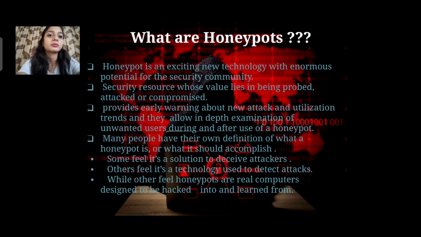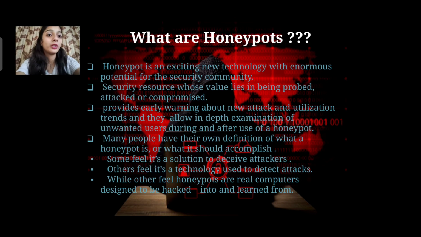A honeypot is a security resource whose value lies in being probed, attacked, or compromised. They provide early warning about new attack and utilization trends, and they allow in-depth examination of unwanted users during and after use of a honeypot.